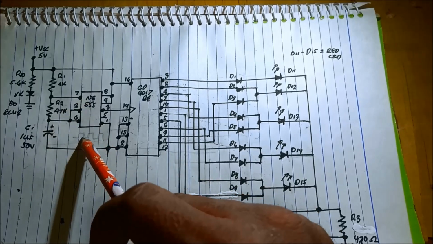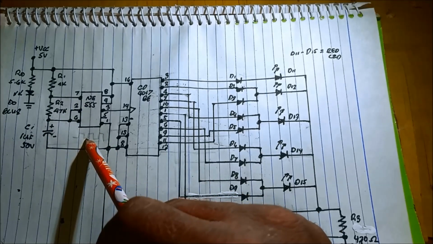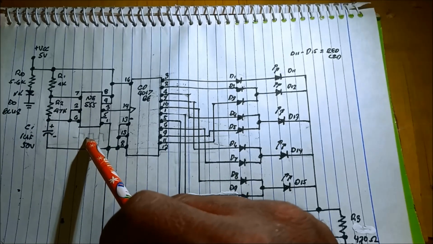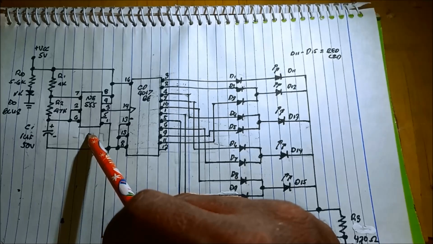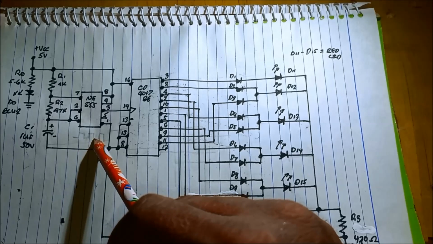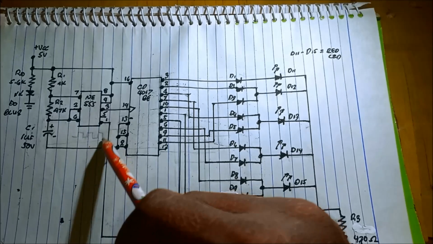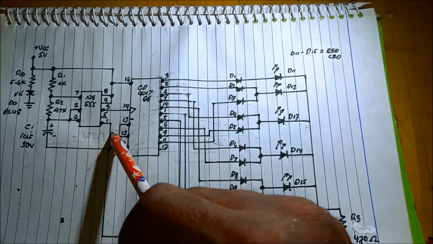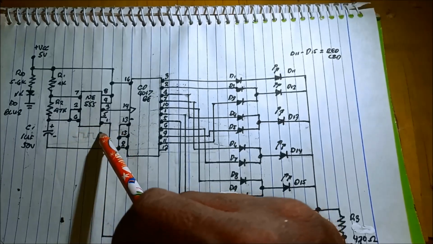During the discharging, it produces an off pulse. Then charging, discharging, charging, discharging. So that's why we generated these pulses.